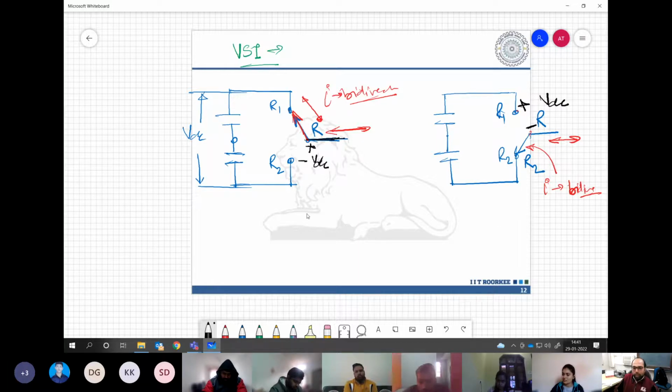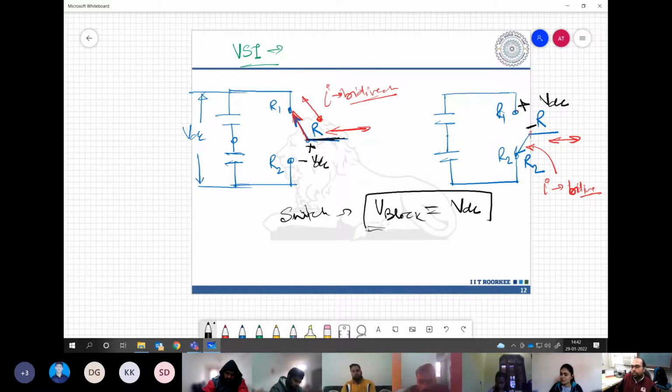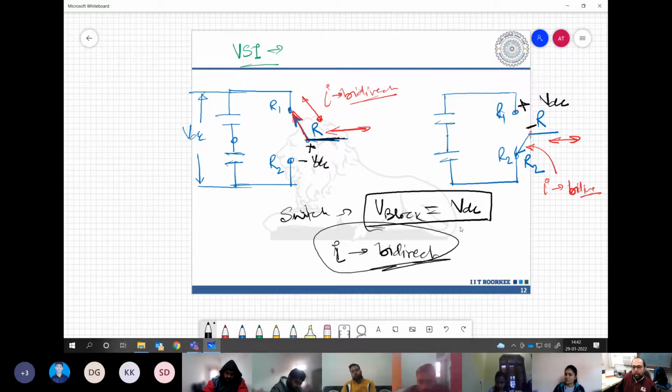So we need a switch which can block a voltage of VDC level, and current should be bidirectional. Of course, the rating should be at whatever load we are connecting.